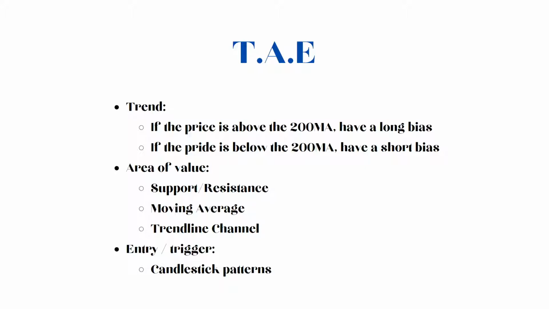So here the area of value means that if the prices are inside this area, the value of the stock is reasonable and you have the permission to buy or sell. In our charts we use support and resistance, or moving averages, or trend lines. These are the areas of value which indicate that you are good to go for trading.